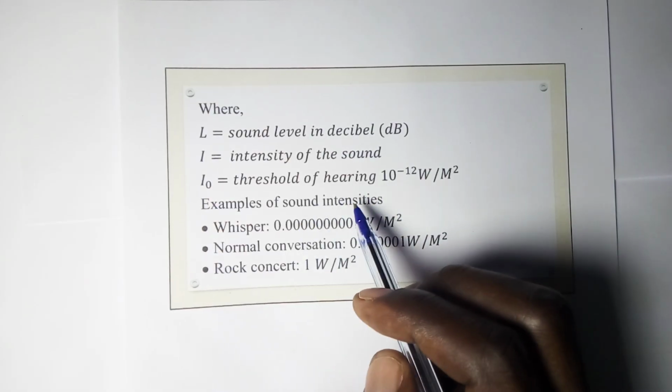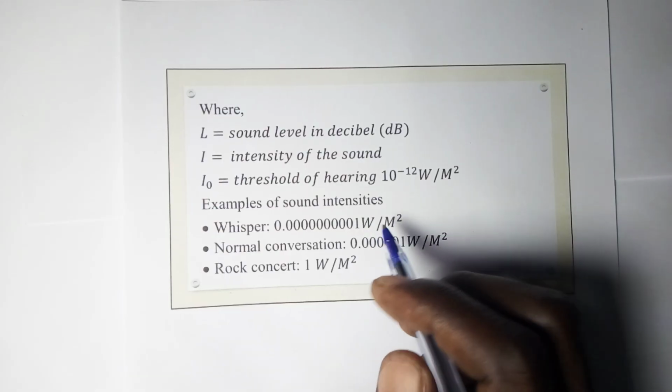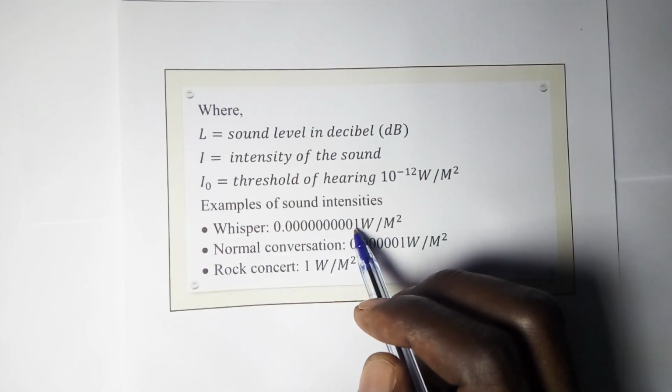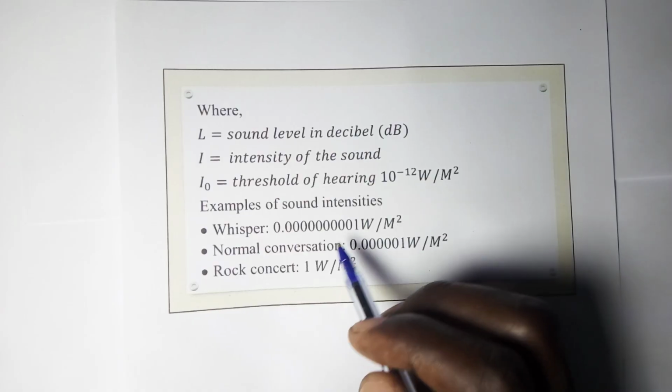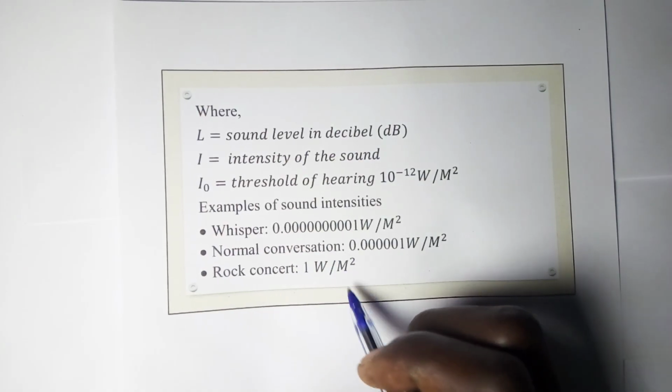Here are examples of sound intensities, in watts per meter squared. Look at a whisper. It is a little bit funny when you write them in watts per meter squared, so we first convert them to decibels so that they can easily be read. Normal conversation is that, and so on.